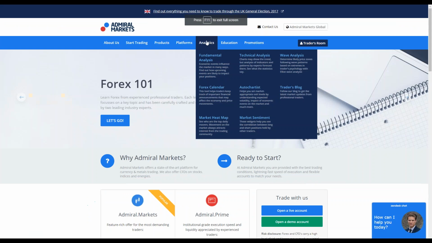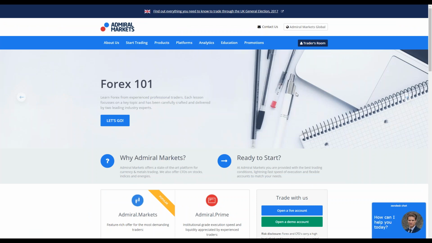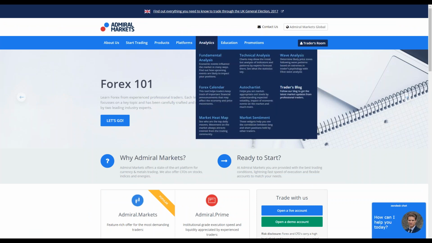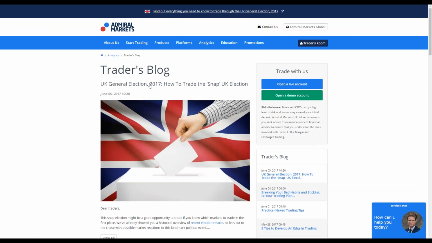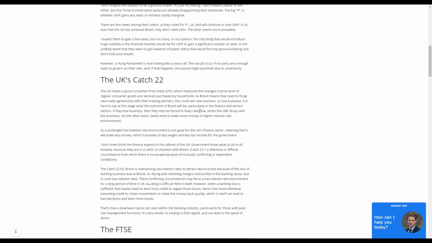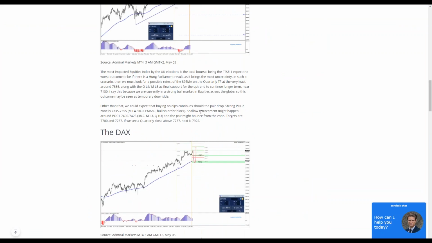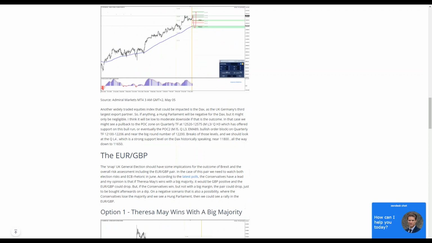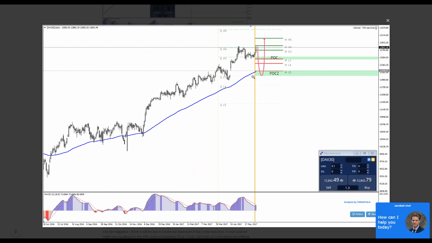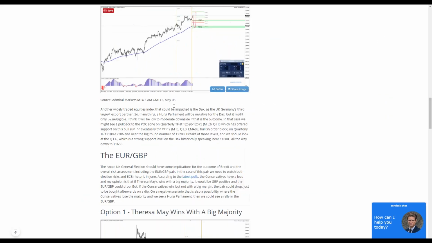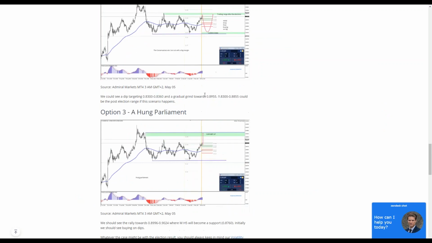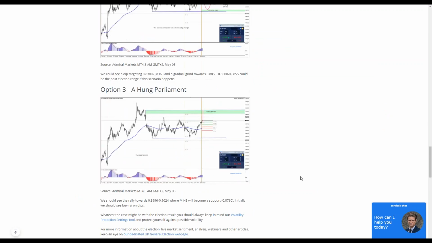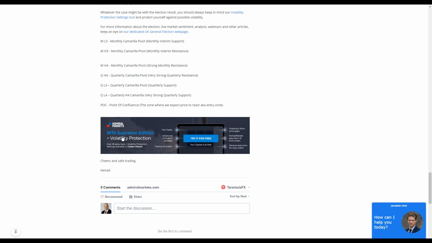You can do it with very small risk and use the volatility protection setting tool. Here under analytics, there is the trader's blog, and this is how to trade the UK snap election. This is what I did. DAX is already dropping, as I said. Pay attention to DAX. It might reject from here. And Euro GBP, this is it. So yes, you could use that, but have in mind that you should also use volatility protection.